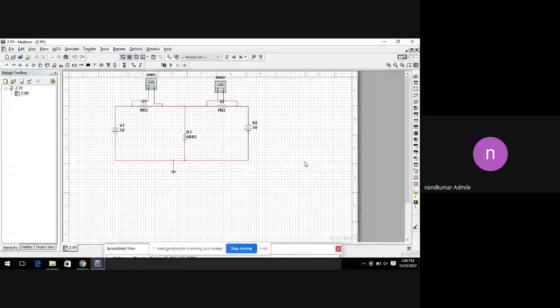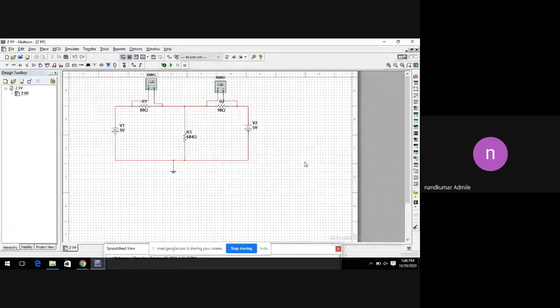Okay, so in our MultiSim software, first we draw the circuit diagram to calculate the Z parameters. Here we consider the two loops, loop 1 and loop 2, and the voltage sources V1 and V2.